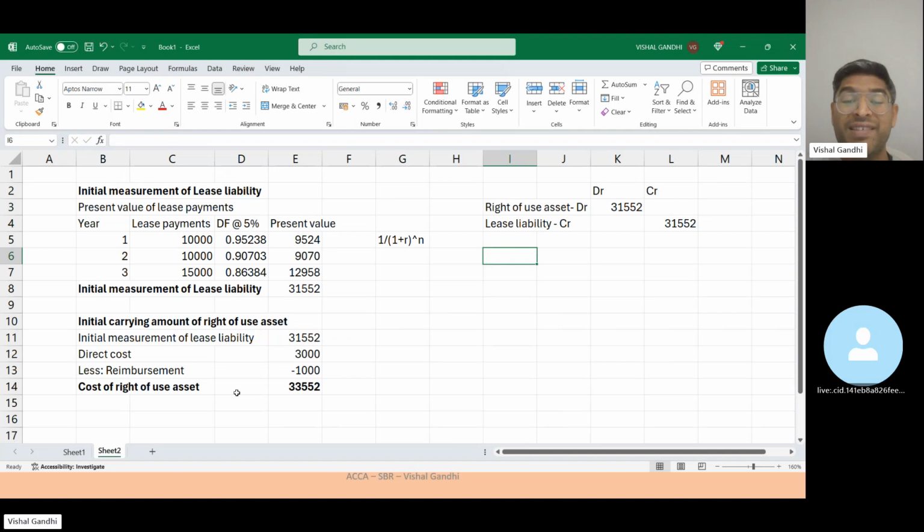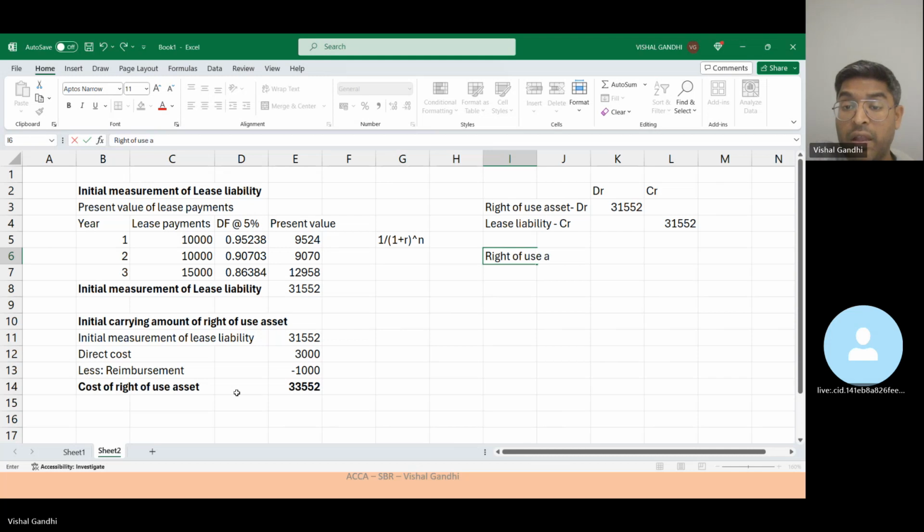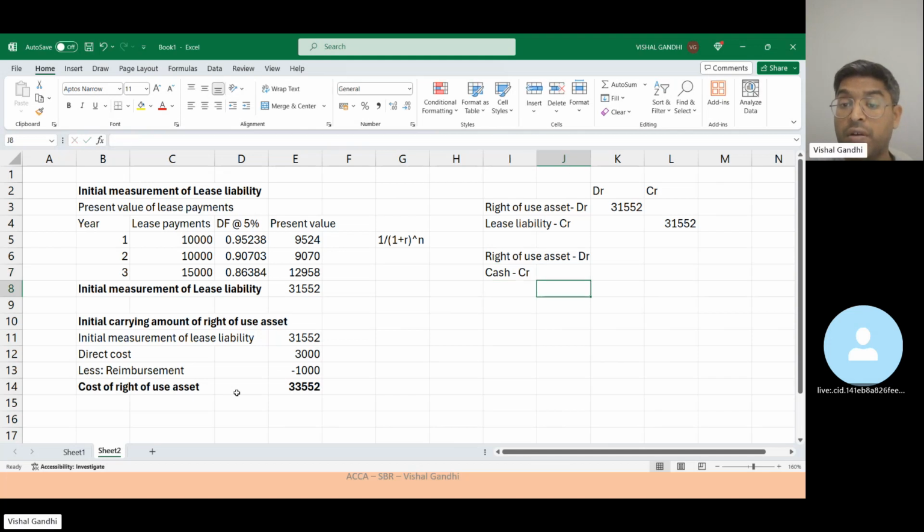Okay. Next is direct cost. Right of use asset debit and cash credit. Initial cost was 3,000.